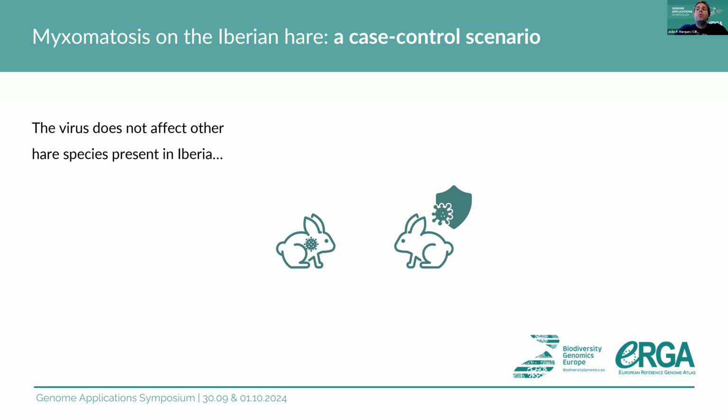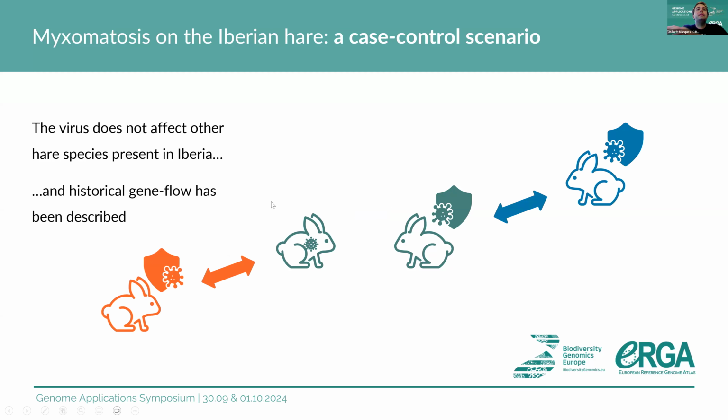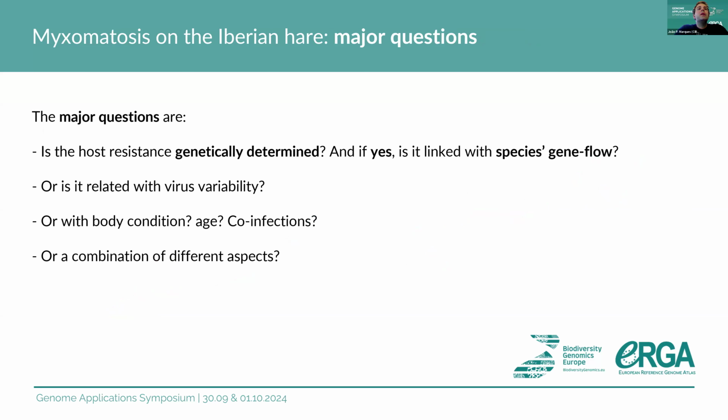And so we started to discuss this with people in the field, and apparently the virus does not affect other species in Iberia. And we also know from previous work that there is historical gene flow between the species. And this is just a brief overview of the situation.